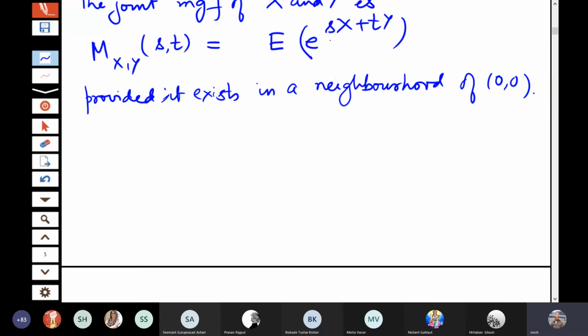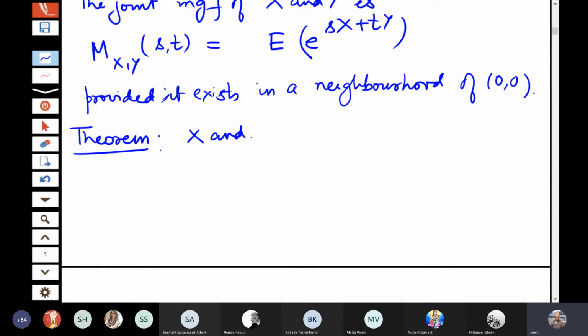This expectation of e to the power sx plus ty, you can write as e to the power sx into e to the power ty. That means it is a product of expectations. Now we have seen that if the random variables are independent, then the expectation of a product is equal to the product of the expectations. In the case of MGF, this property is stronger. In fact, this is both necessary and sufficient for independence.